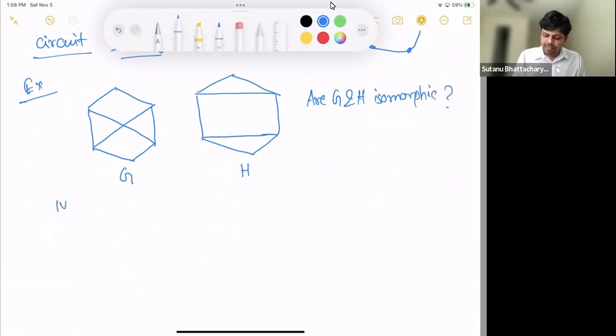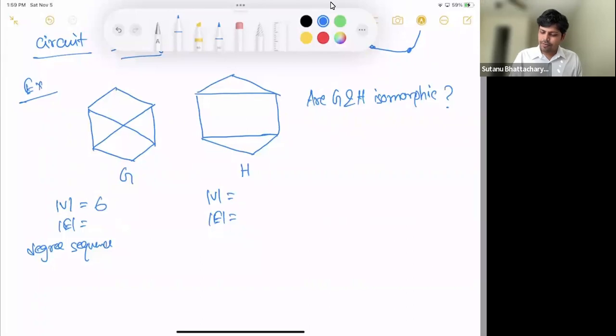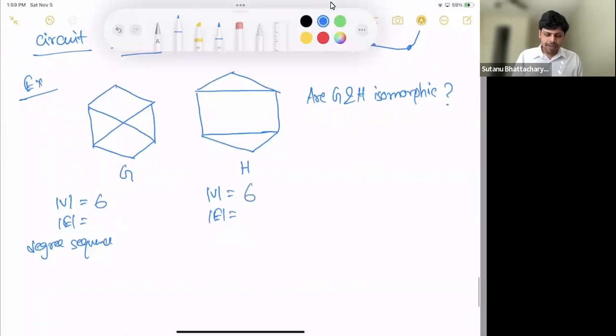So check the number of vertices in both graphs, then the number of edges in both graphs, then the degree sequence in both graphs. The number of vertices would be 1, 2, 3, 4, 5, 6. Here also 1, 2, 3, 4, 5, 6.